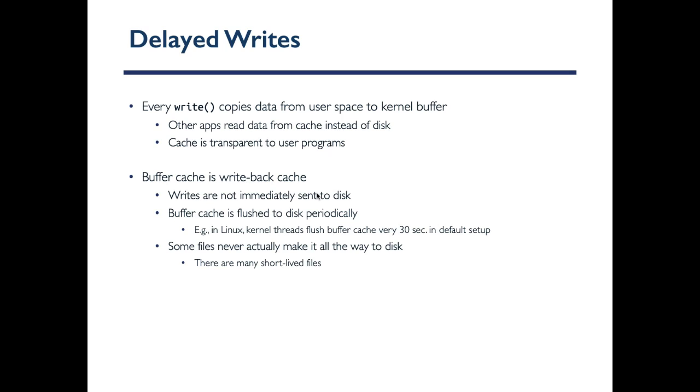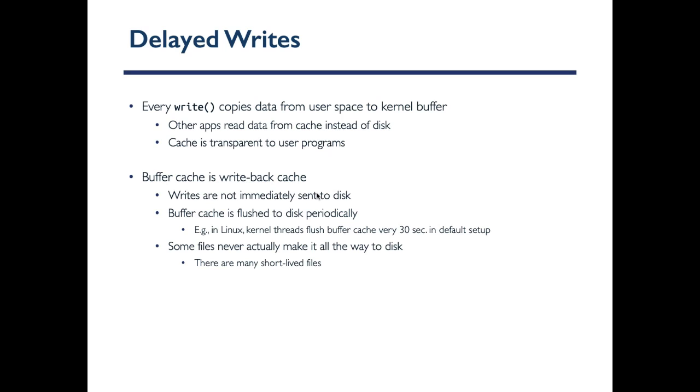But this is potentially risky, because what if there's a crash? DRAM is volatile memory. So if you lose power or your system crashes, then all the changes that you made are gone.